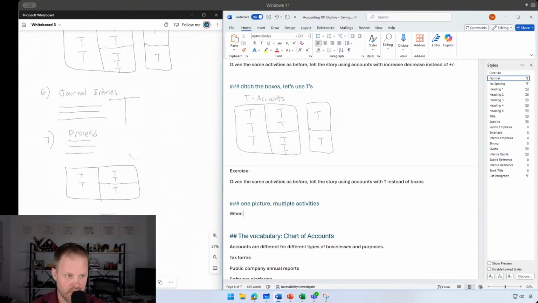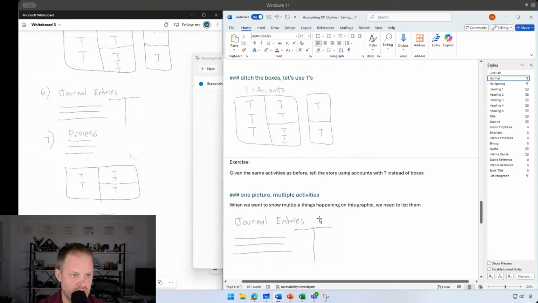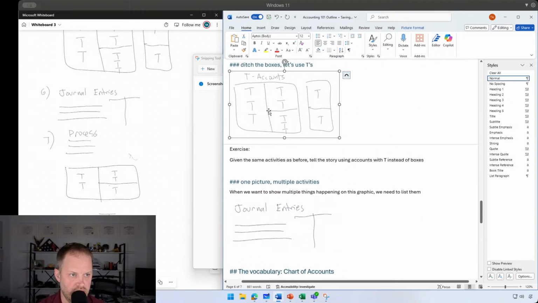So when we want to show multiple things happening on this graphic, we need to list them. So that's where we'll use that and that.